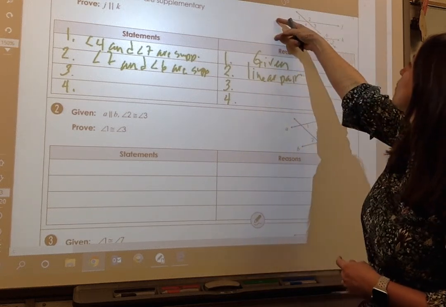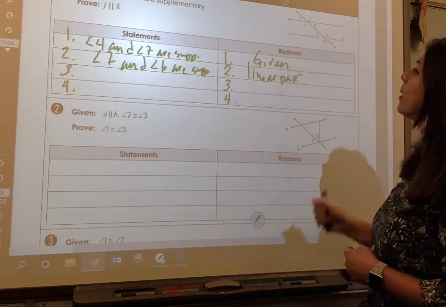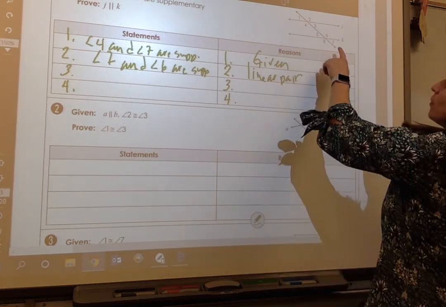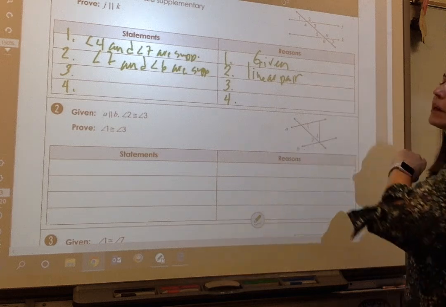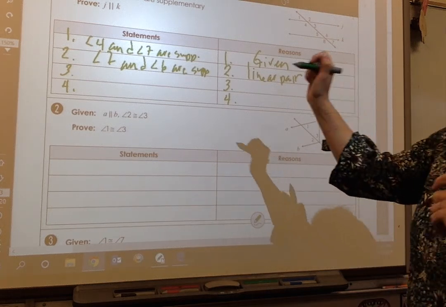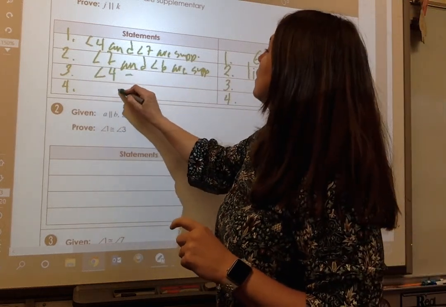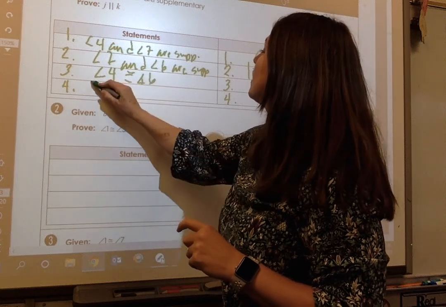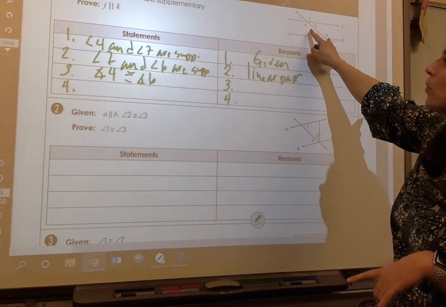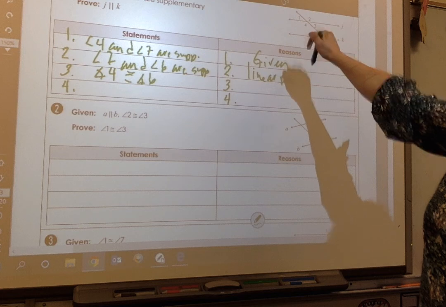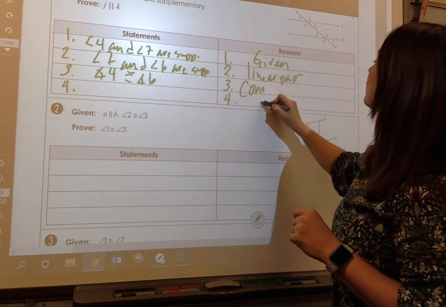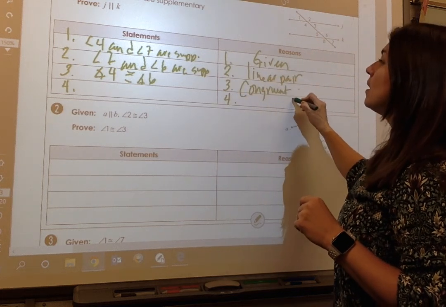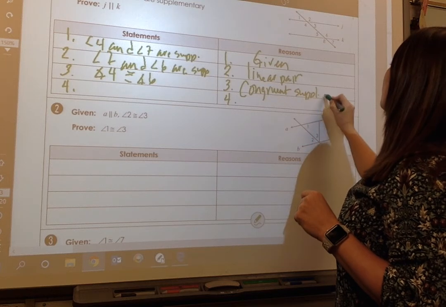Remember, our goal is proving that J and K are parallel. Well, now that I know that 7 and 6 are supplementary, I can say angle 4 is congruent to angle 6, because of the congruent supplements theorem.